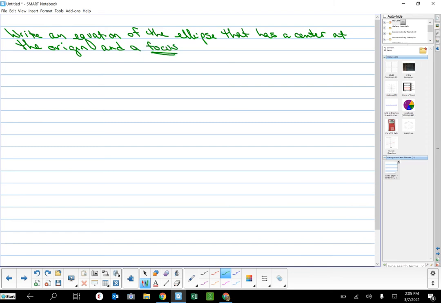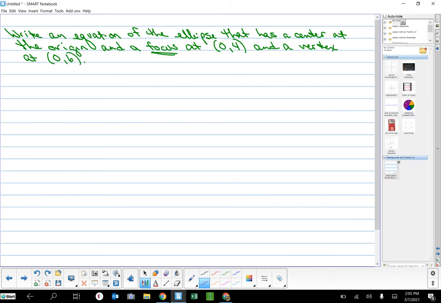This is the singular of foci, by the way. Focus at 0, 4, and a vertex at 0, 6. Okay, so that's all the information they give you.